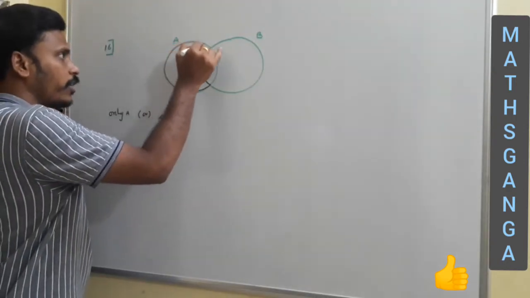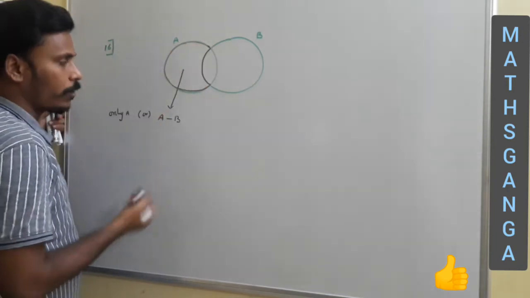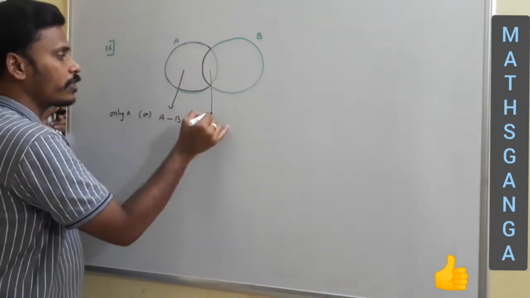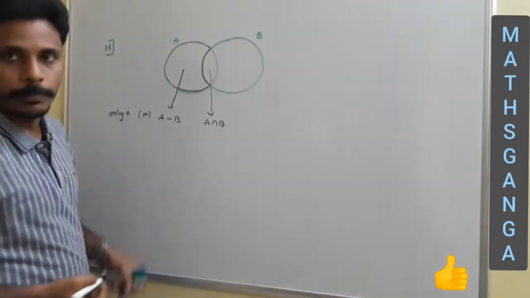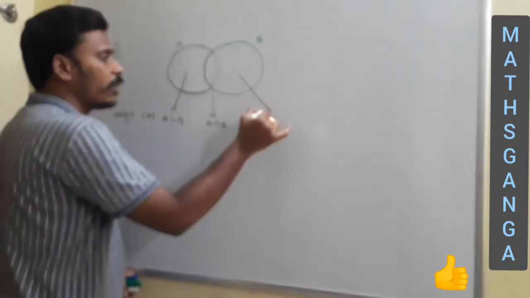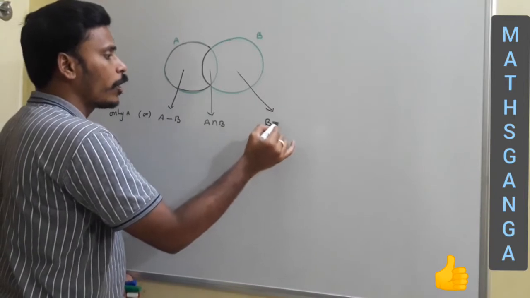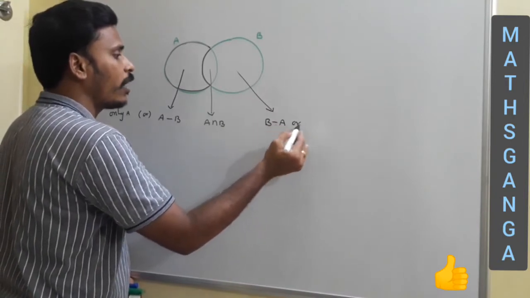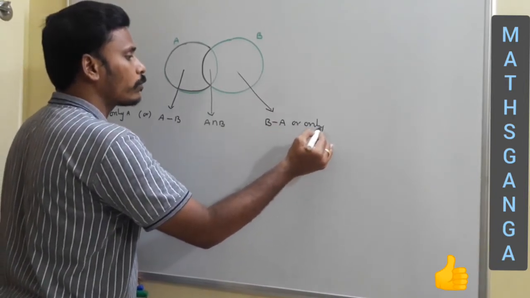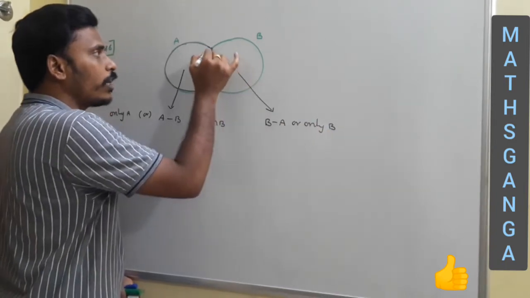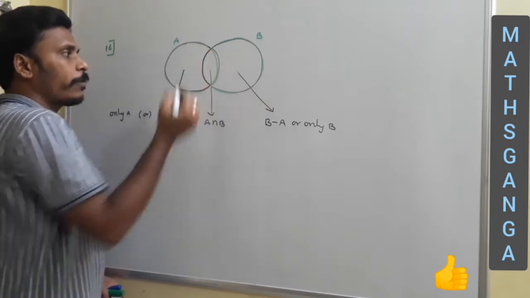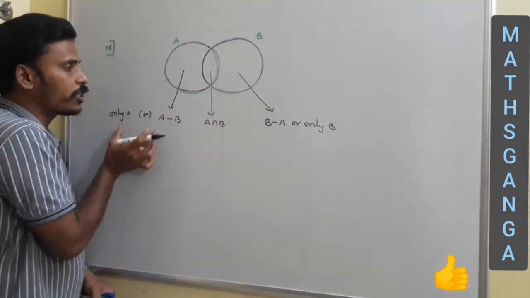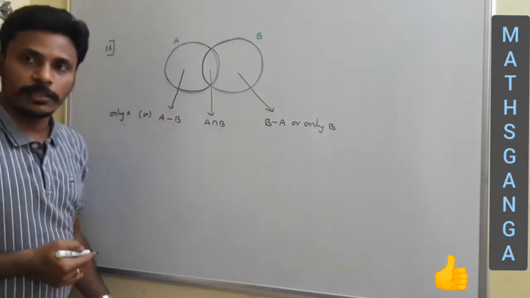This region is A intersection B, which is common to both A and B. And this region is B minus A. You may say B minus A or only B. Only B means only this region. This is only B, this is only A, and this is A intersection B.